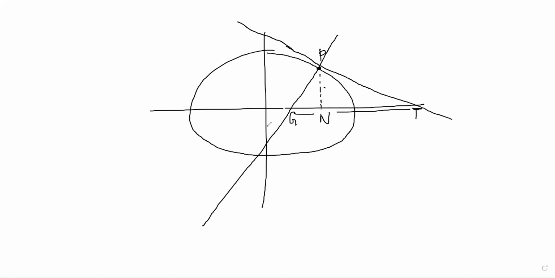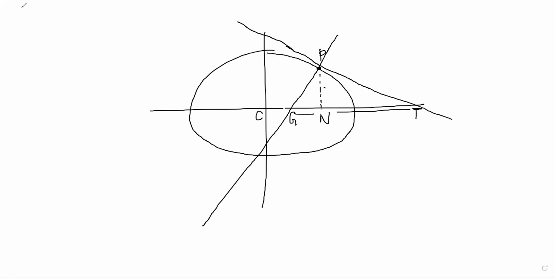We can show here that, with the center as C, you will be able to prove that Ct into Cn will be equal to a square.